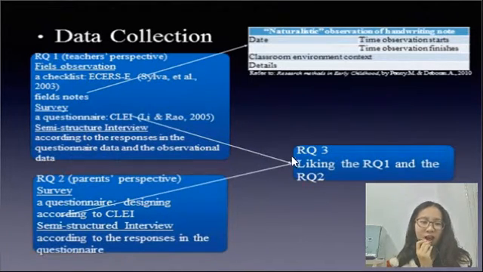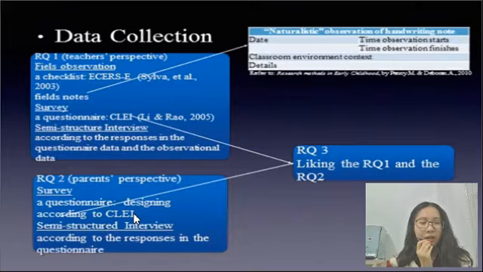And in order to answer my third question, I'm going to use the questionnaires to link the teacher's perspective and the parent's perspective. The questionnaire I used to understand the teacher's perspective is called Classroom Literacy Environment. It has also been used in the study of Li and Rao in 2005.